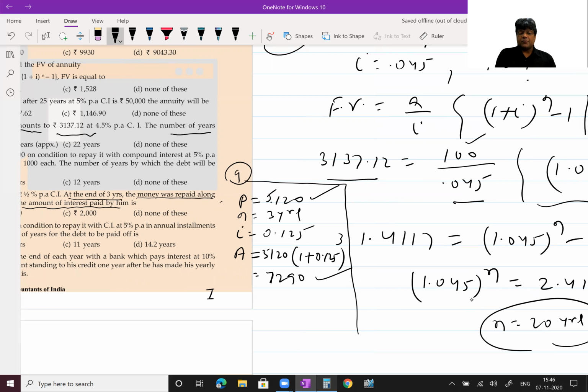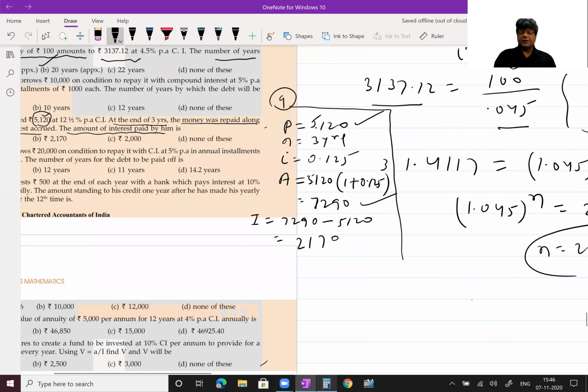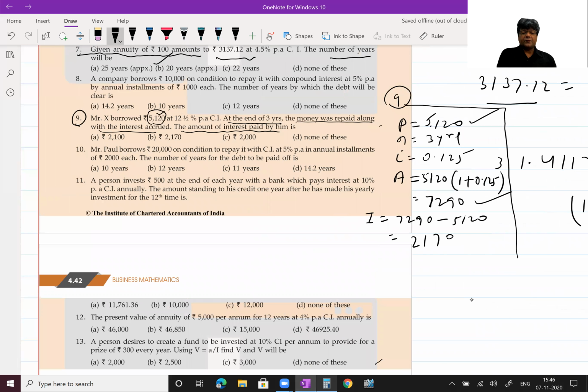So the compound interest he is paying is 7290 minus 5120, that is 2170. But directly also you can get the same answer if you use the formula I have given to you. Compound interest is equal to principal, that is 5120, into (1 plus I, that is 0.125) to the power n, minus 1.